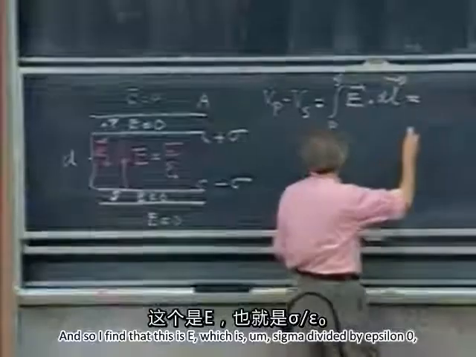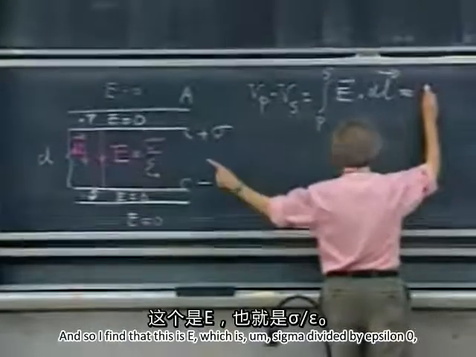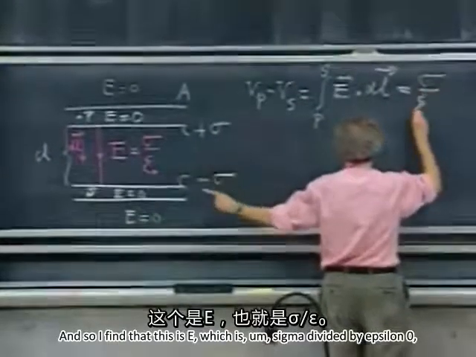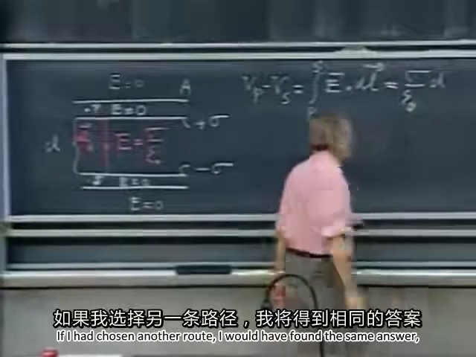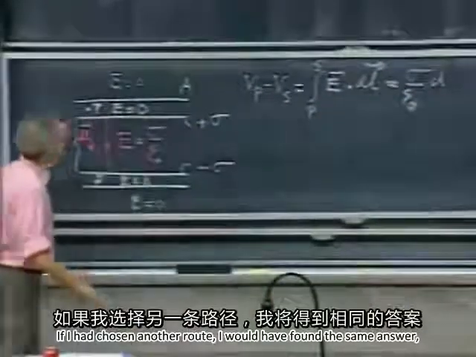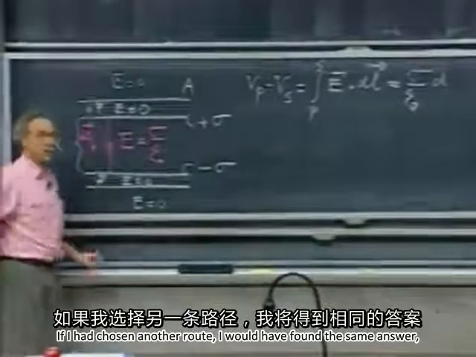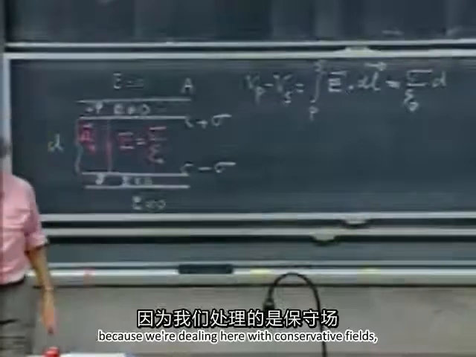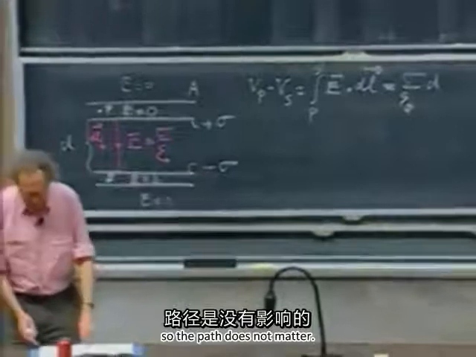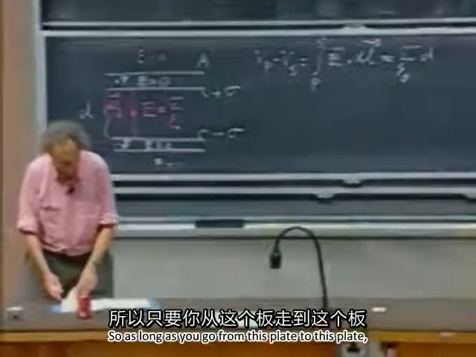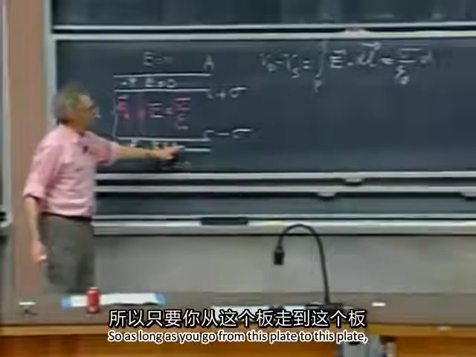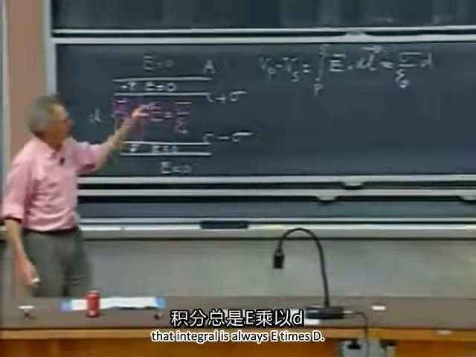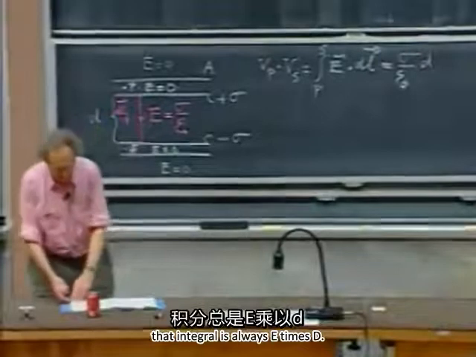And so I find that this is E, which is sigma divided by epsilon 0, times that distance d. If I had chosen another route, I would have found the same answer, because we're dealing here with conservative fields, so the path does not matter. So as long as you go from this plate to this plate, that integral is always E times d.